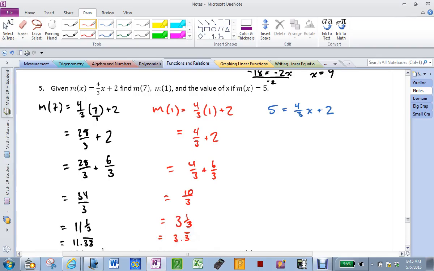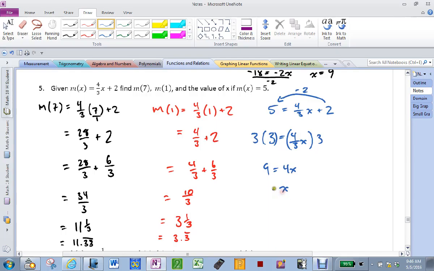Right? And finally over here, the 2 comes over, yes? Bring the 2 over here, but we minus it, right? So I have 3 equals 4/3 x. Multiply both sides by 3. 9 equals 4x.